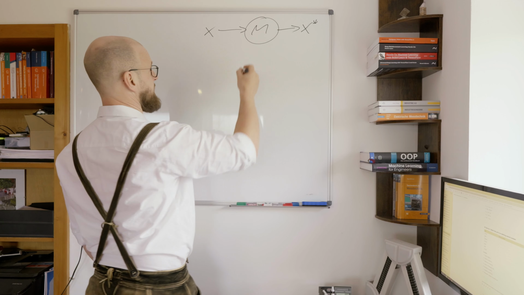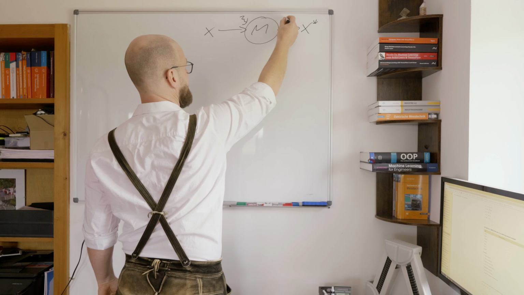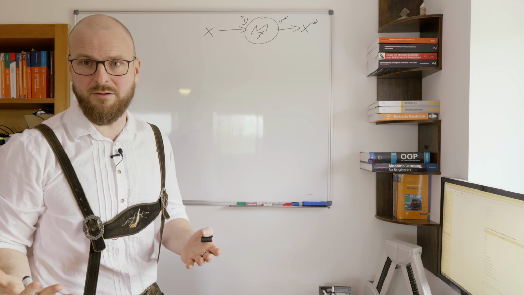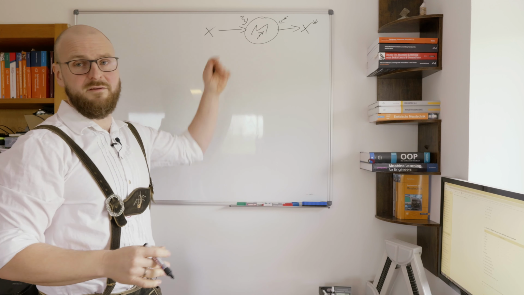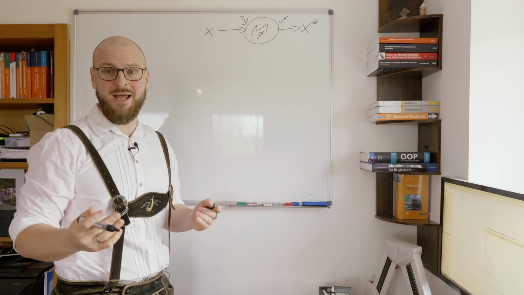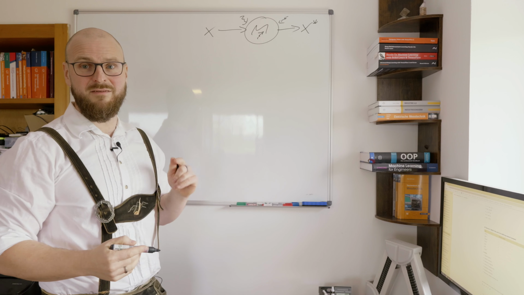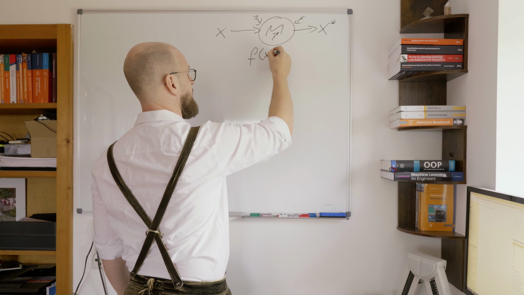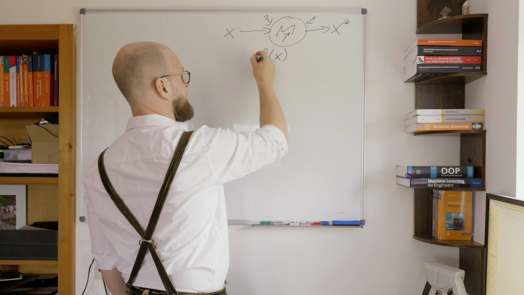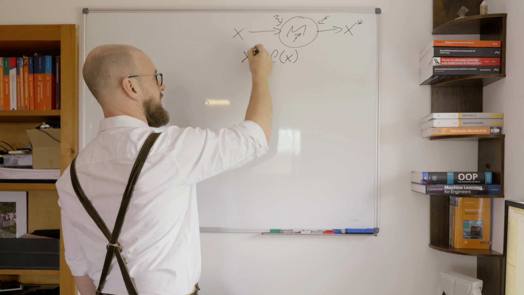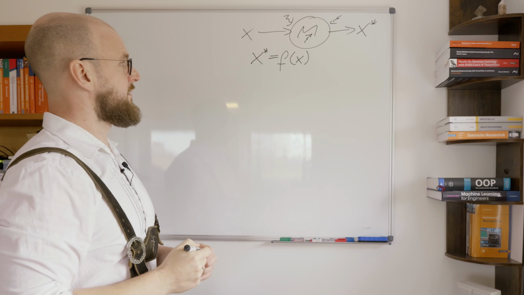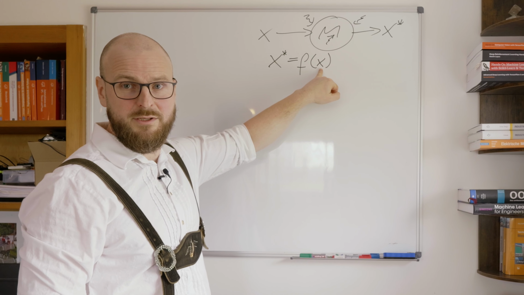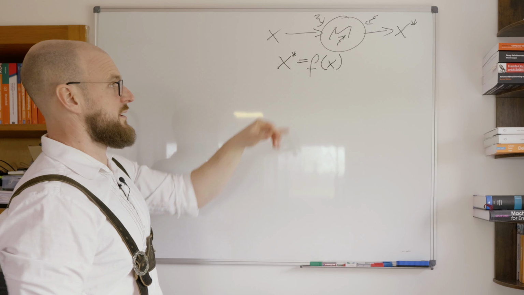That measurement device has a bunch of influences from the outside. Perhaps it has some inside influence, like a battery or something like that, which also influences the measurement. But in the end, what that measurement device does is, it takes our measurement quantity X and gives us some measurement value for it.